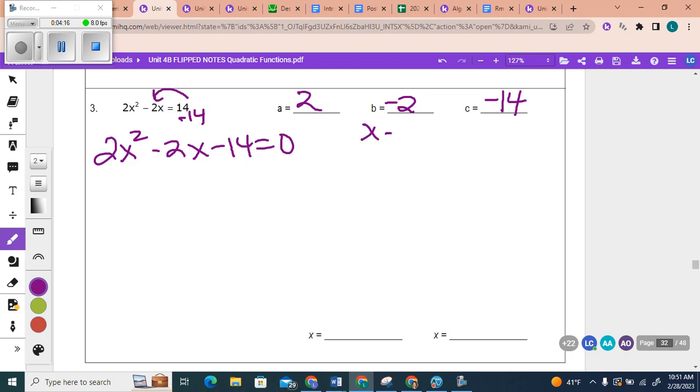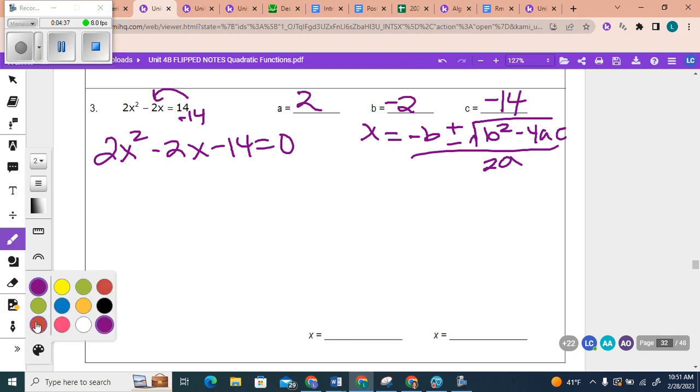X equals -b plus or minus square root b squared minus 4ac divided by 2a. I know. All right. So we have the formula. We just plug in the A, the B, and the C.